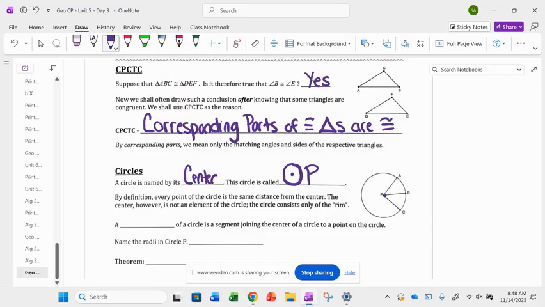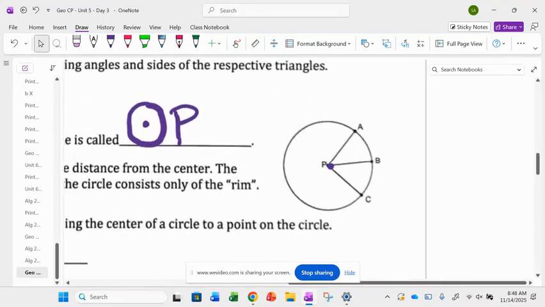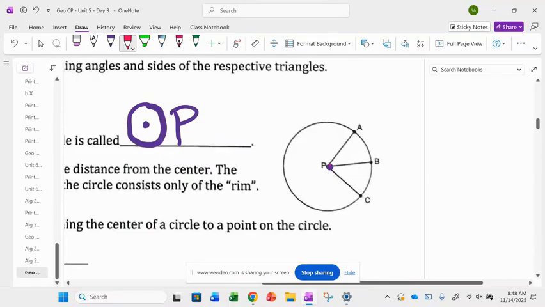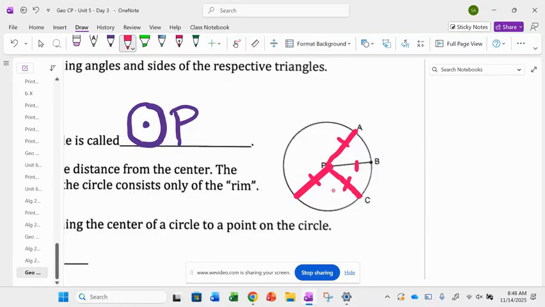And circles are really special because the distance from the center point to any place on the rim of the circle is the same distance, which means these segments are all congruent. So any segment from the center to the rim of the circle is going to be the same length.